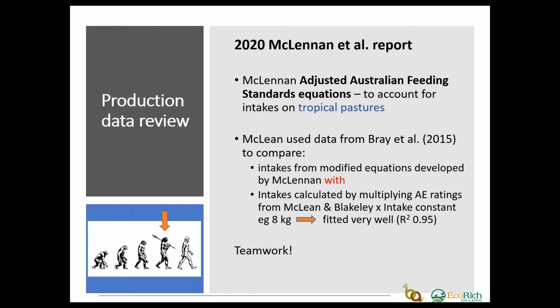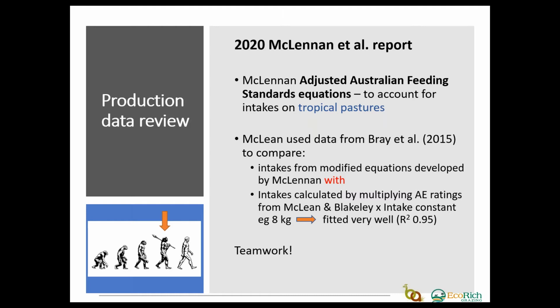But the issue that arose out of that was that only cattle were fed tropical pastures in that trial work. No goats or no sheep were fed pastures, and the differences between the feeding standards effect on intakes and the tropical pastures intakes was never measured. So that causes a bit of an issue.